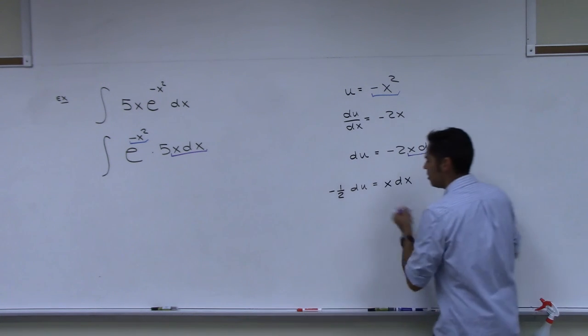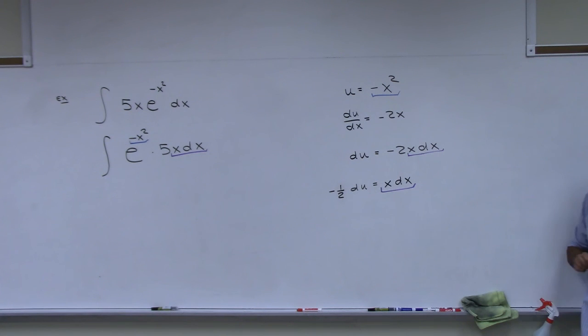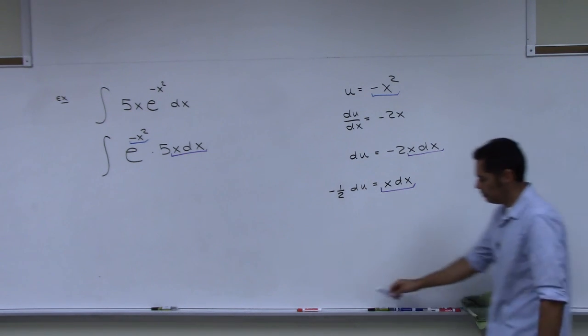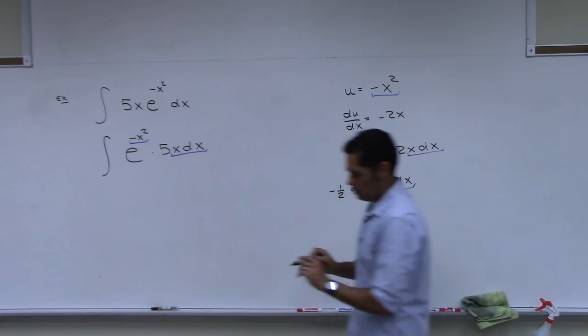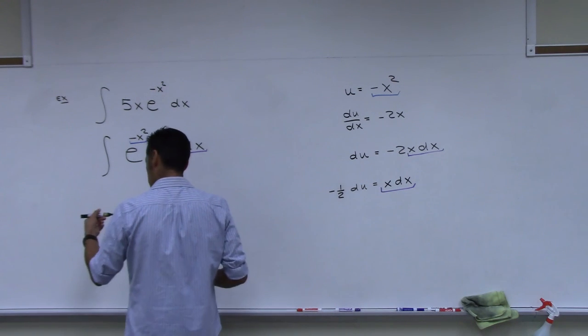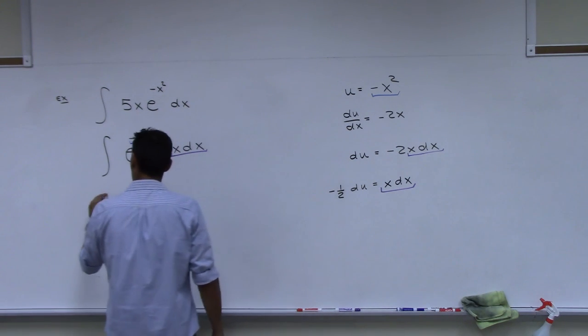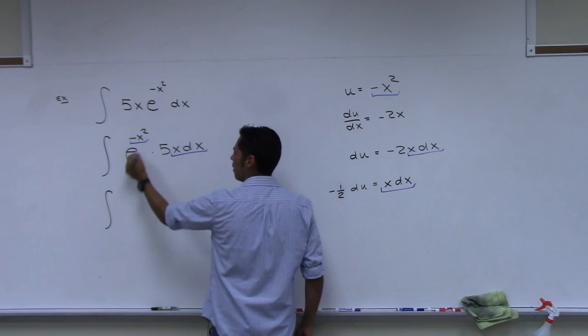And I'm going to see that I have my exact replacement right there. So let's see what happens here. Okay, integral. This is going to become what? e to the u.